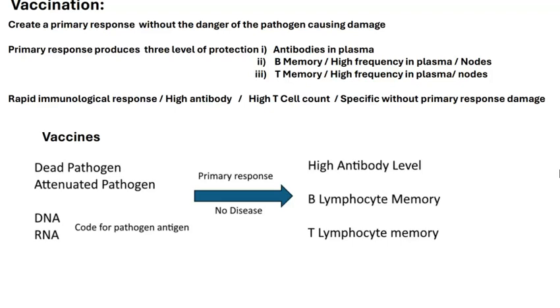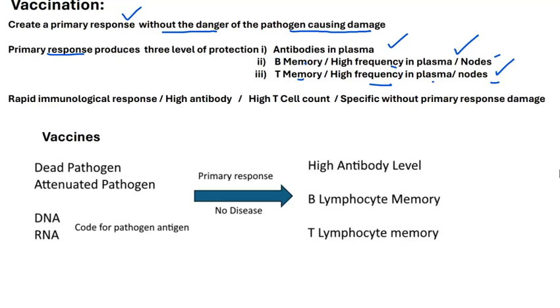So vaccination is to create a primary response without the danger of the pathogen causing damage. We know that the primary response is going to produce antibodies, B cells, and T cells, both high frequency in the plasma and particular memory cells. And they'll be located not just in the plasma, but also in our lymph nodes.